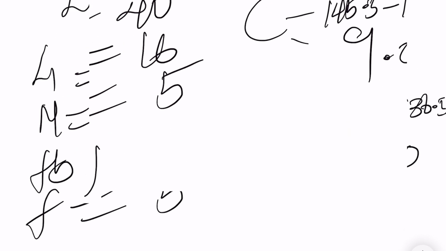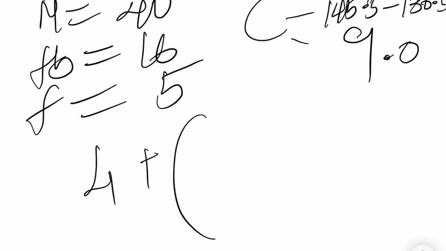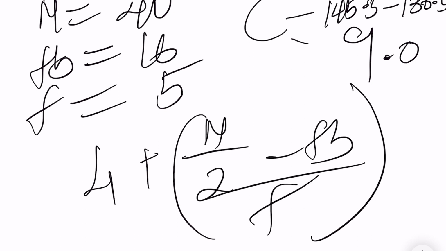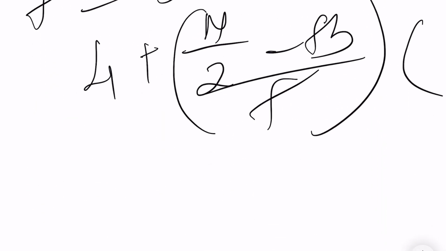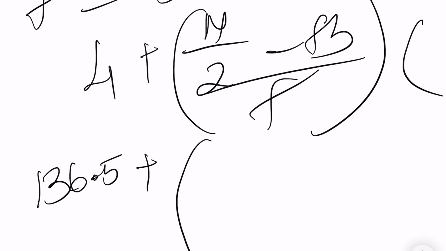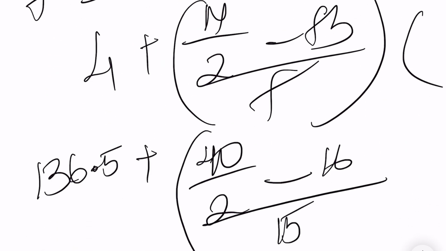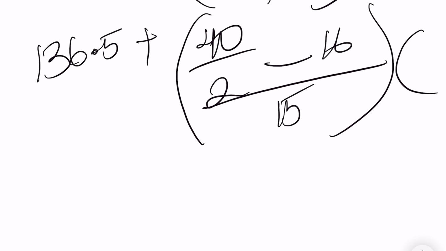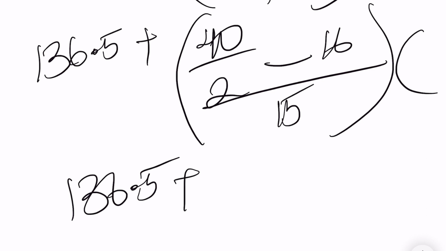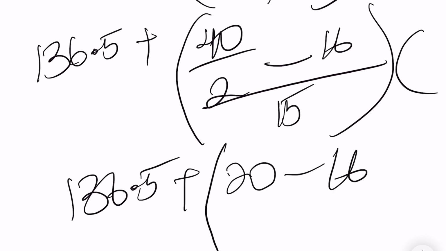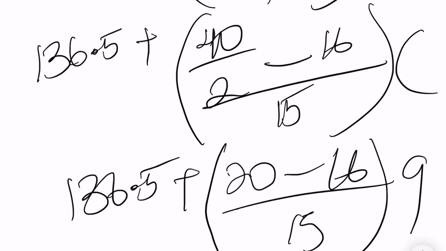Now, solving it, we have L1 plus (N over 2 minus FB) over F, all into C. So L1 is 136.5 plus (40 over 2 minus 16) over 5, all into 9.